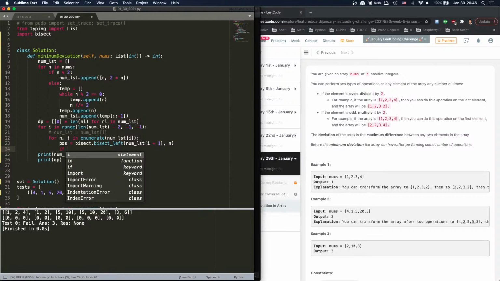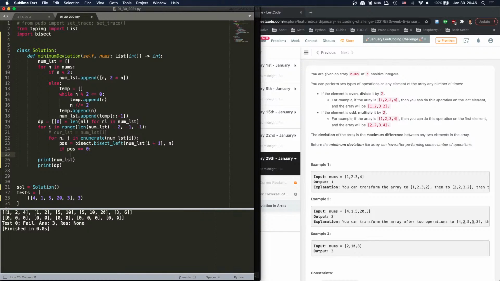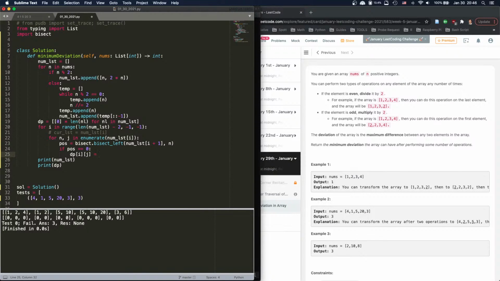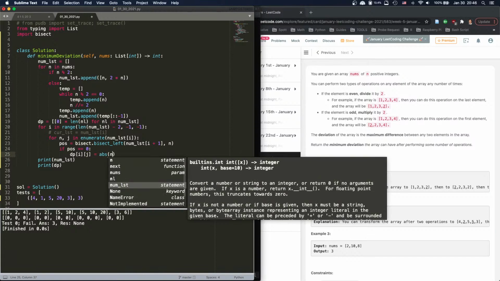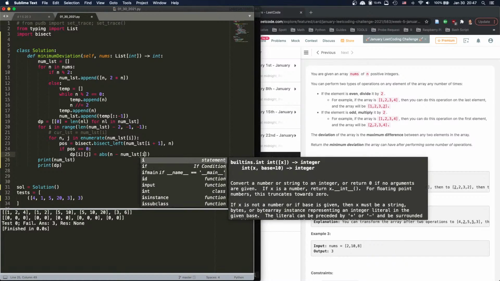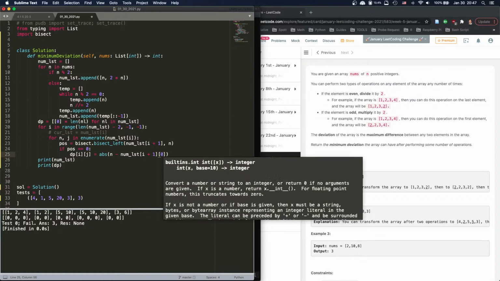If position is 0, which means it's inserted in the front, so we can do dp[j] equals abs(n minus num_list[i+1][0]).